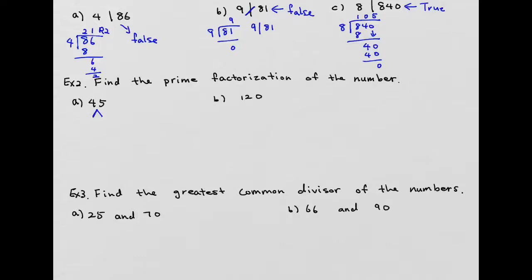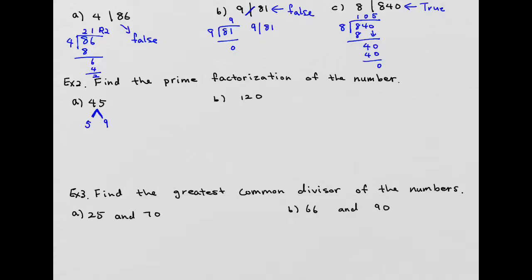This is a branch out from 45. What two numbers multiply to become 45? And I want the first number to be a prime number. So the prime number is 5. It goes into 45 9 times. In other words, if you're multiplying 5 and 9, you get 45, and the first number is prime.